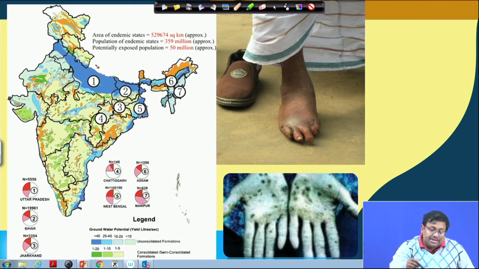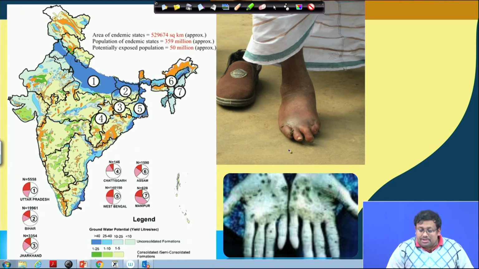This region shows the high concentration of groundwater arsenic, and as you can see, this is mainly the Indo-Gangetic plain areas. So, the Indo-Gangetic plain areas are mainly affected by this groundwater arsenic problem, and this is a geogenic problem, as compared to the other parts of India.